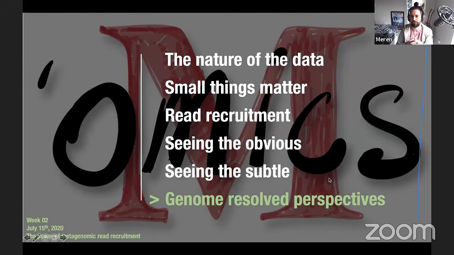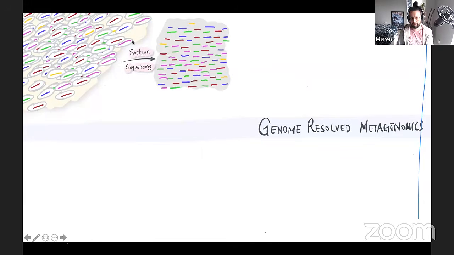Genome-resolved metagenomics includes shotgun sequencing of a given environment, getting all these reads, and then using these metagenomic short reads with reference genomes that already exist.